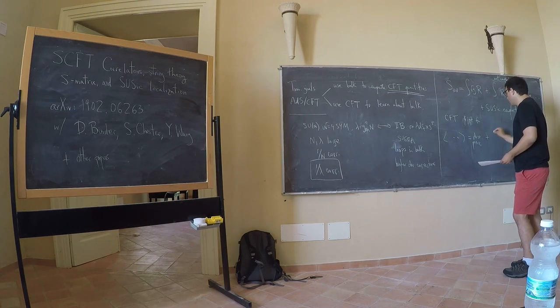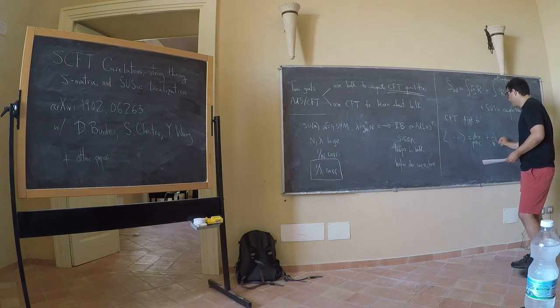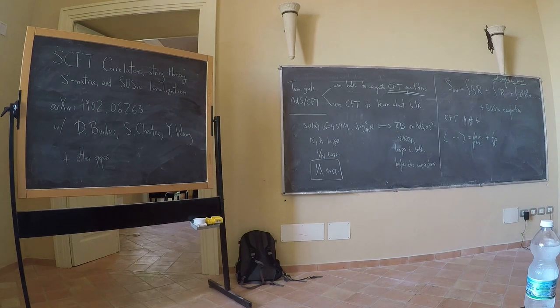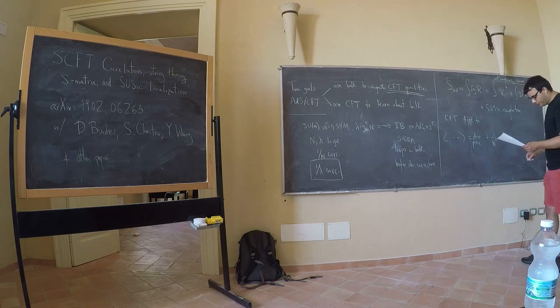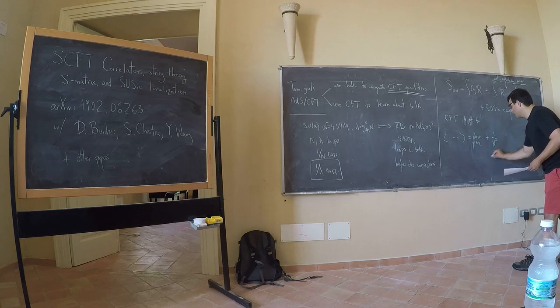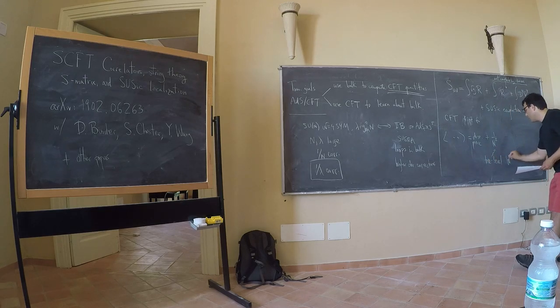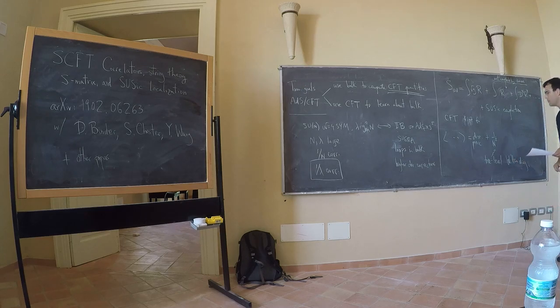And then there's an order 1 over N squared term that comes from tree level Witten diagrams, and this tree level term is going to have a 1 over lambda expansion.